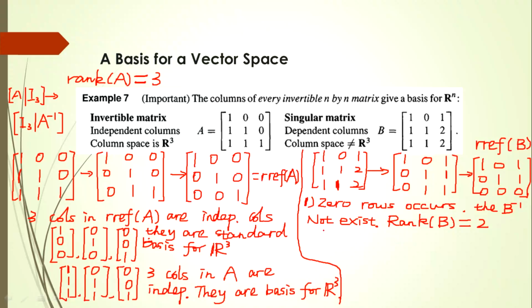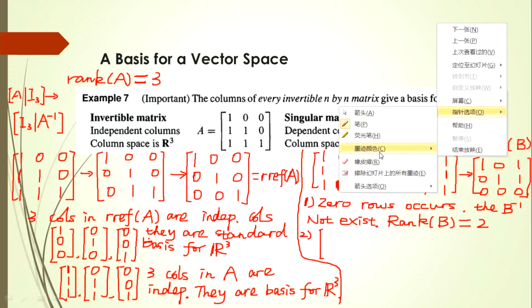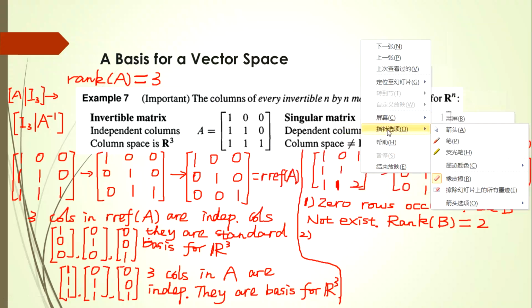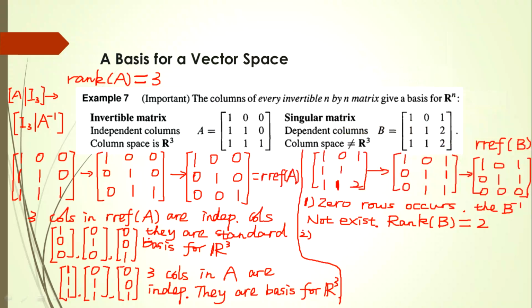And the third column can be expressed by the first two. So there are two independent columns, 1, 0, 0 and 0, 1, 0.